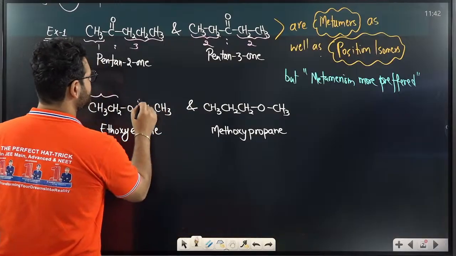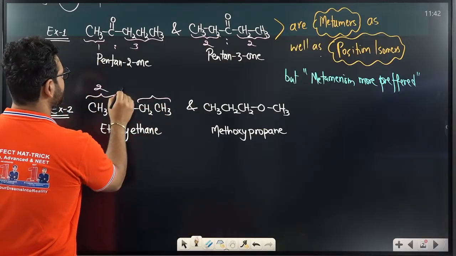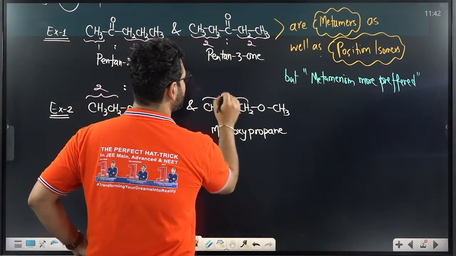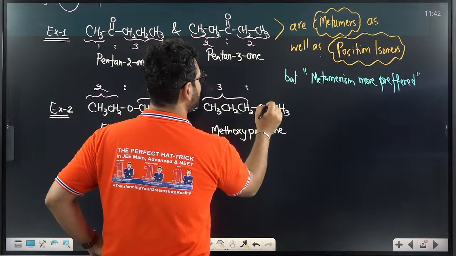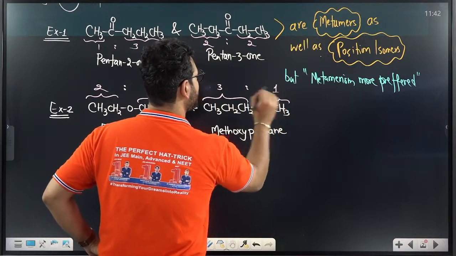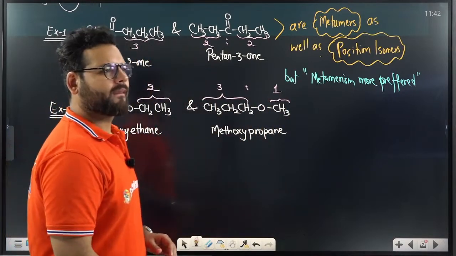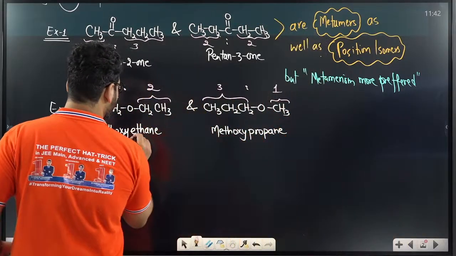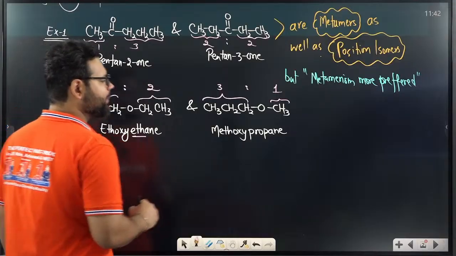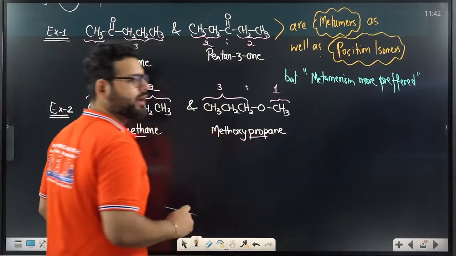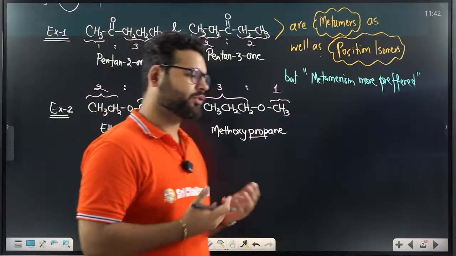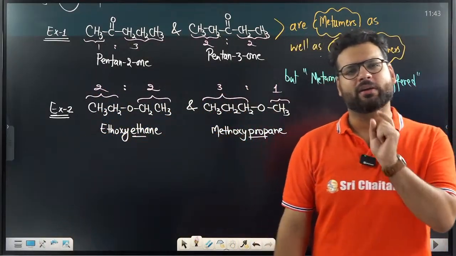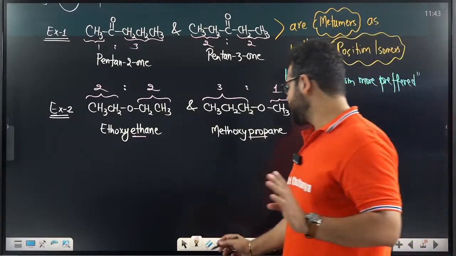Here the ratio was 2:2. And here the ratio became 3:1. So they are metamers. But by looking at the name, in this the parent chain is of 2 carbons, eth. Here the parent chain is of 3 carbons, prop. So are they not chain isomers? They are chain also. So they are chain as well as metamers, but which is more preferred? Metamerism. I hope it is clear to everybody.